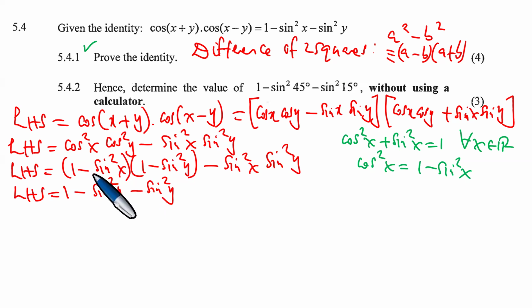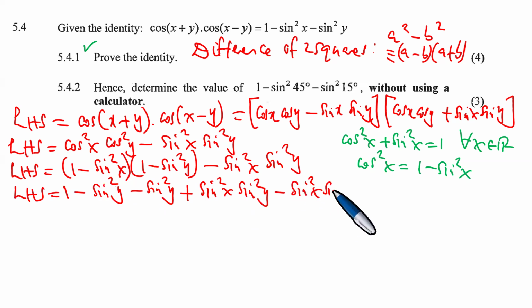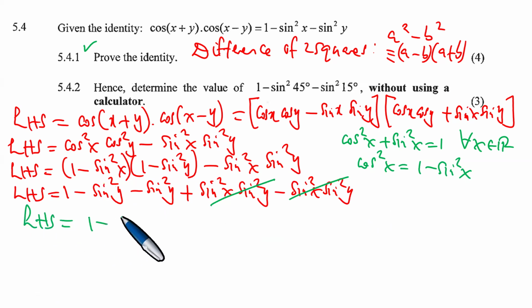So we multiply the sine squared x and the sine squared y here, and they give us plus sine squared x sine squared y minus sine squared x sine squared y. These two cancel out, meaning the left-hand side is 1 minus sine squared y. This by this by that, and this. So this is sine squared x.